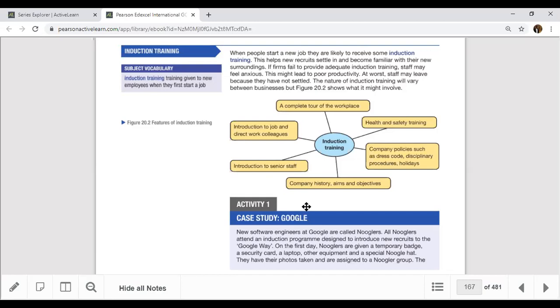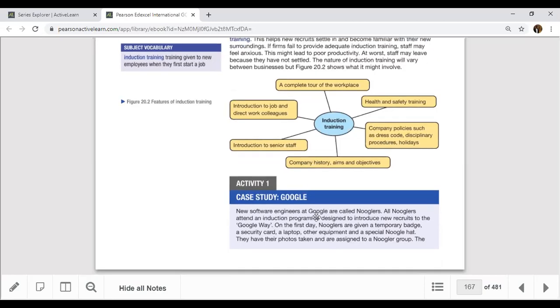Right. You can see Google. Google is now one of the world's largest multinational companies. The new software engineers at Google are called Nooglers. All Nooglers attend an induction program designed to introduce a new recruit to the Google way.